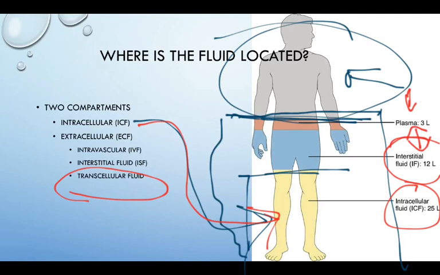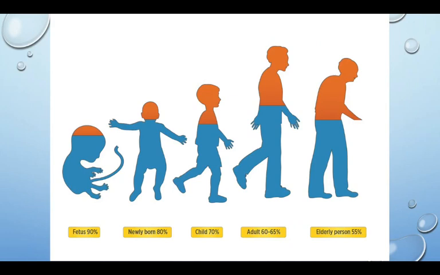So most of the fluid is in the intracellular compartment. That's in the cells. And then you have about 15 liters outside the cells, and then a very small amount in the transcellular fluid. And those are the fluid compartments.